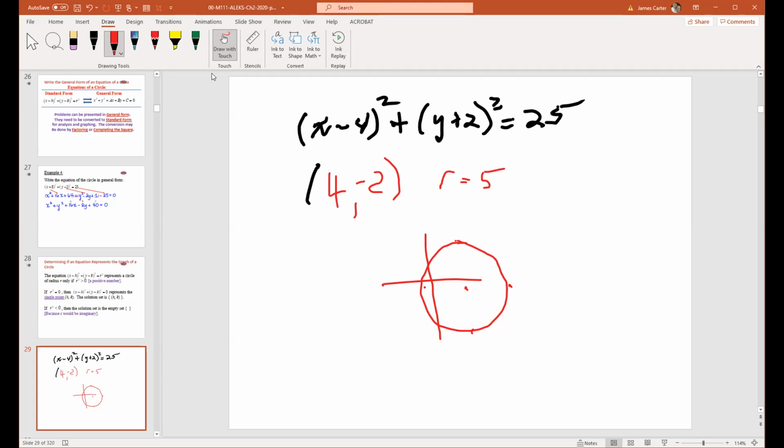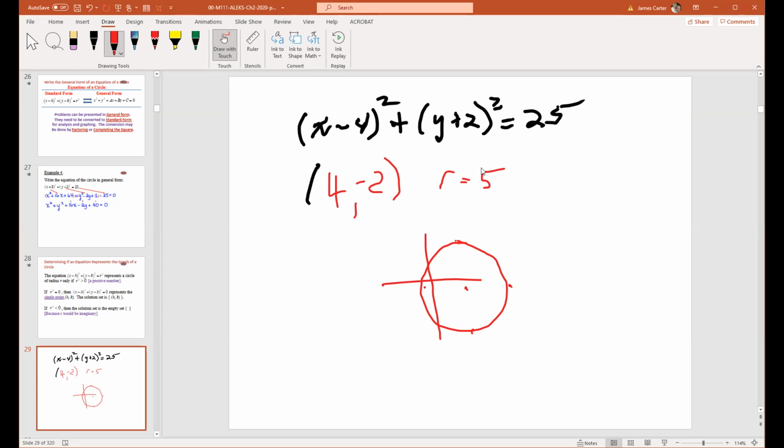Okay, well, that being done, that's the material that we want to cover over circles. What are the objectives for this? Two things. One, if they give you the equation, we want you to be able to find the center of the circle.